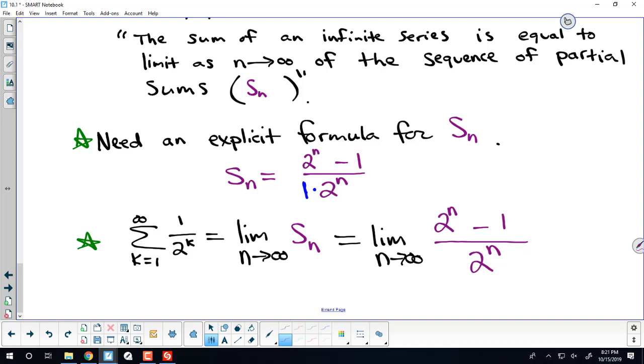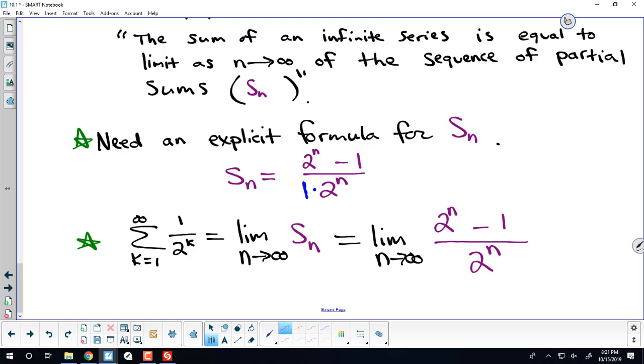So what's the limit as n goes to infinity of 2 to the n minus 1 over 2 to the n? 1. And again, we look at that in a similar way to how we look at polynomials. Since n is going to infinity, all we have to do is look at the leading term over the leading term. The minus 1 up top is insignificant out towards infinity.